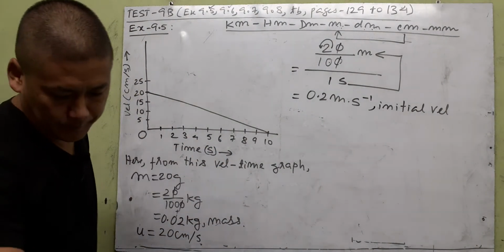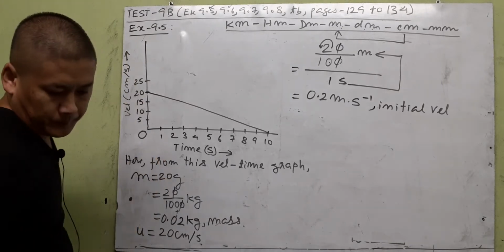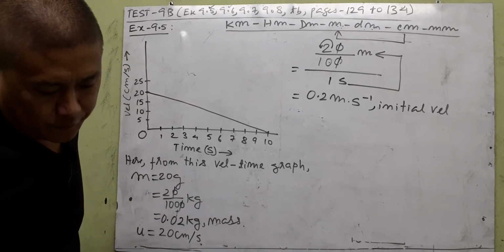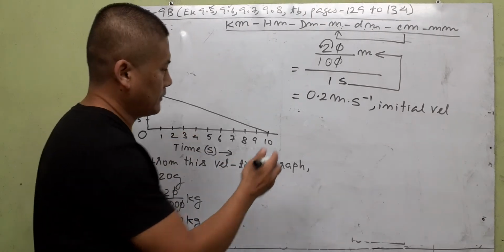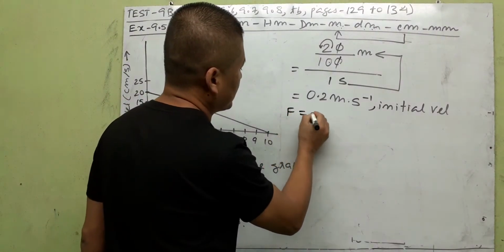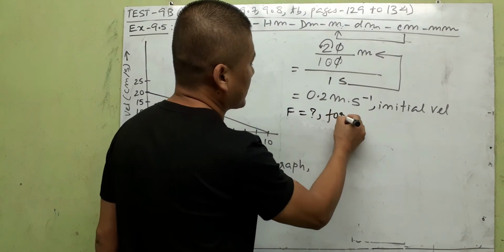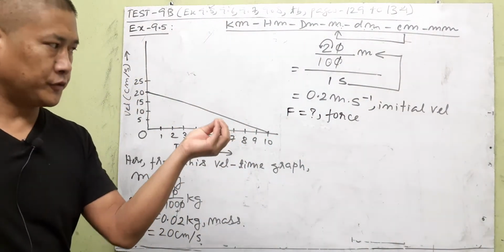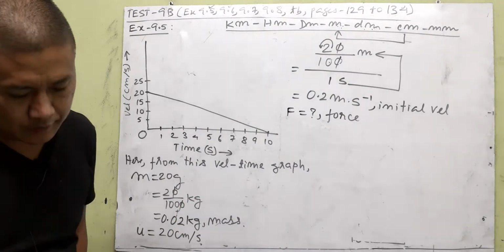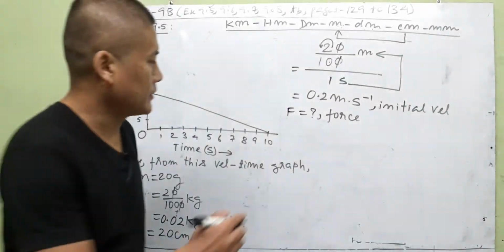Then, as we see here, finally, how much force does the table exert? So that is the paragraph after the graph. Force, we don't know. Force exerted by the table on the ball, most probably friction, therefore, to stop the ball, that we have to calculate to bring it to rest.